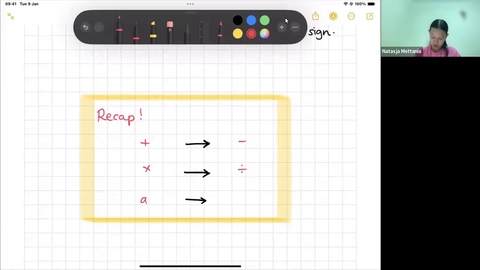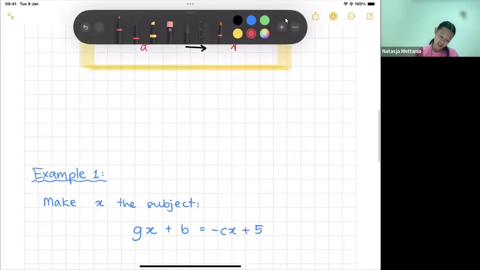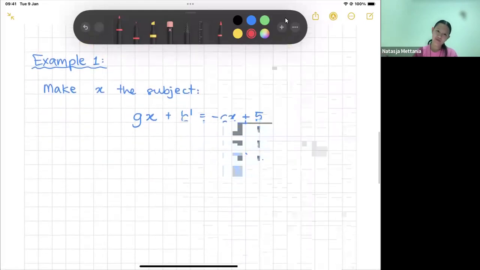The last one is the opposite of a squared is going to be square root. This is important. If you don't know the basics of this, it's just going to be a tad bit harder. So let's get stuck into example number 1.